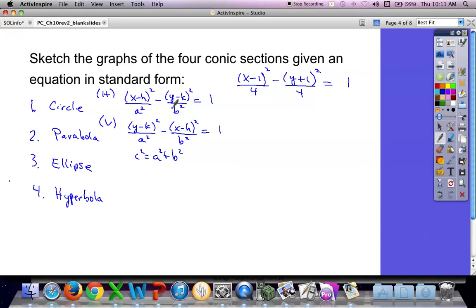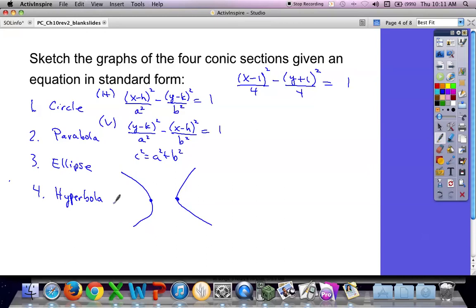Right. Now, if we look at a picture of the basic hyperbola, it has two branches. Each one kind of looks like a parabola. Each one has a vertex, which is where we expect to see a vertex.